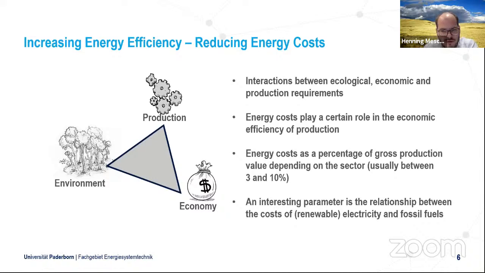The energy costs play a certain role in the economic efficiency of the production. We see that we have, depending on the production process, a share of energy costs of the gross production value between 3 and 10%. So in some sectors it's even higher, in some it's below this 3%. But in Germany, somewhere between 3 and 10% of the gross production costs are energy costs.